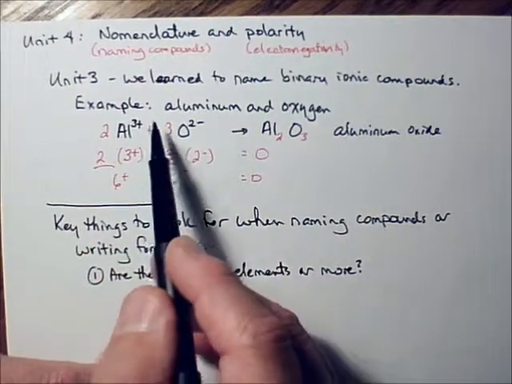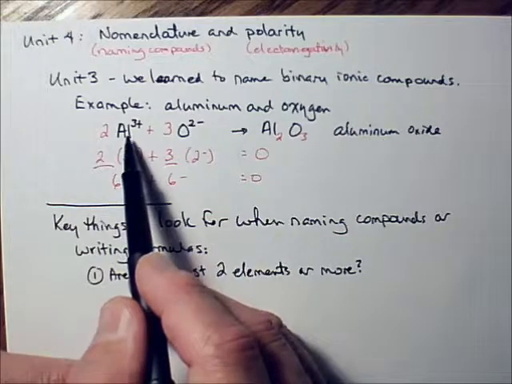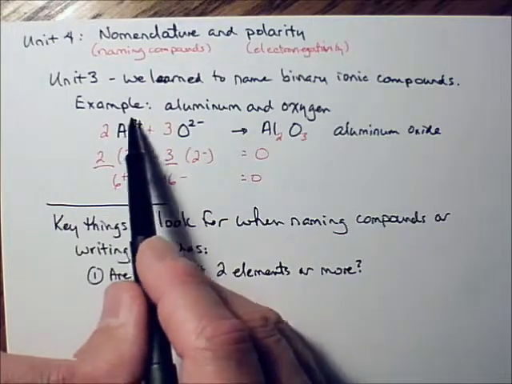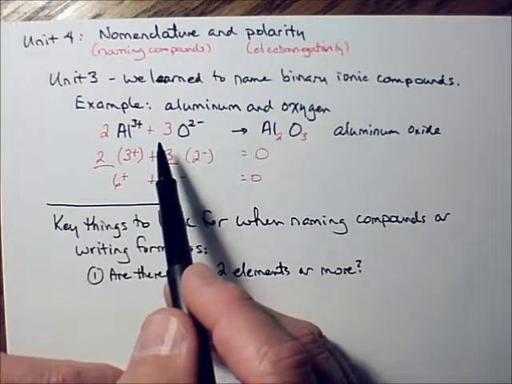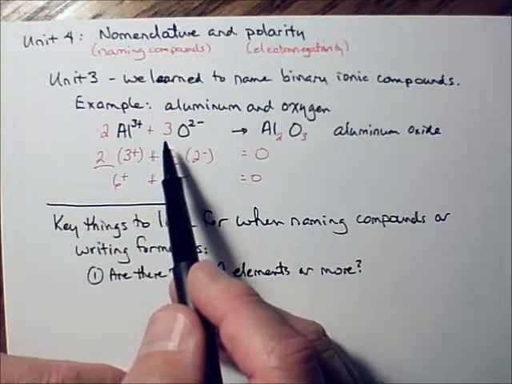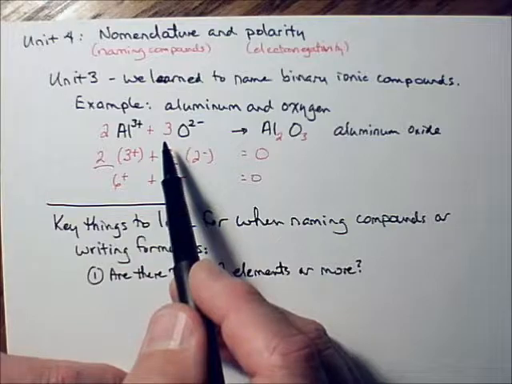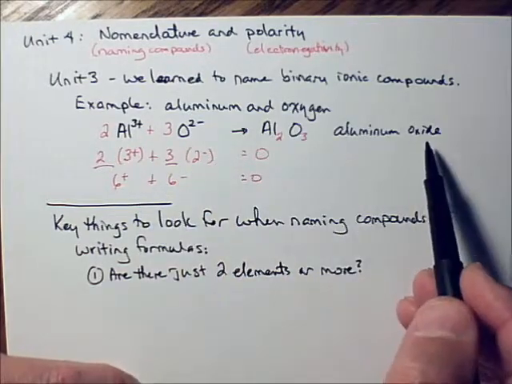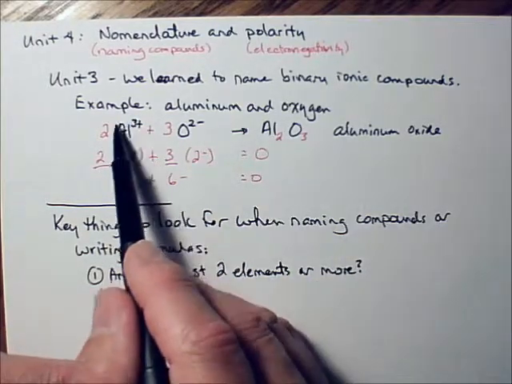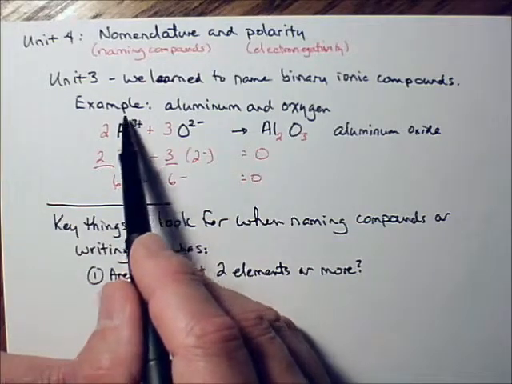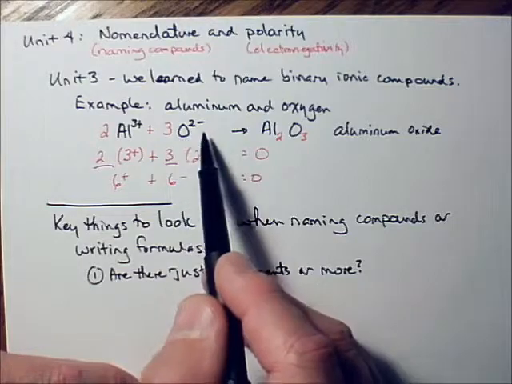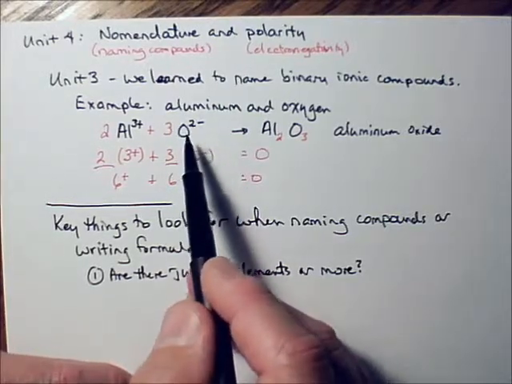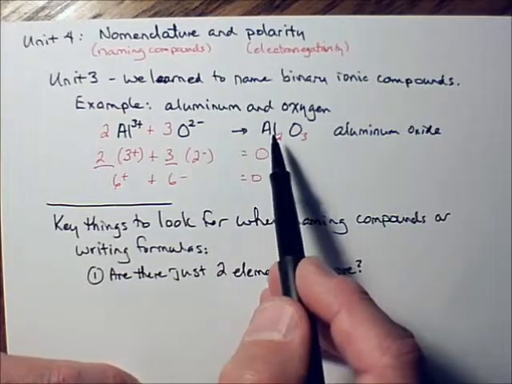Okay? What we learned in the last unit was we find the charge on a metal, charge on a nonmetal, and when we put together a metal and a nonmetal, we know it's an ionic bond, an ionic compound. And in simple binary ionic compounds, you try to figure out how to put as many of the positively charged ions together with as many of the negatively charged ions as you need so that you get a zero charge overall.